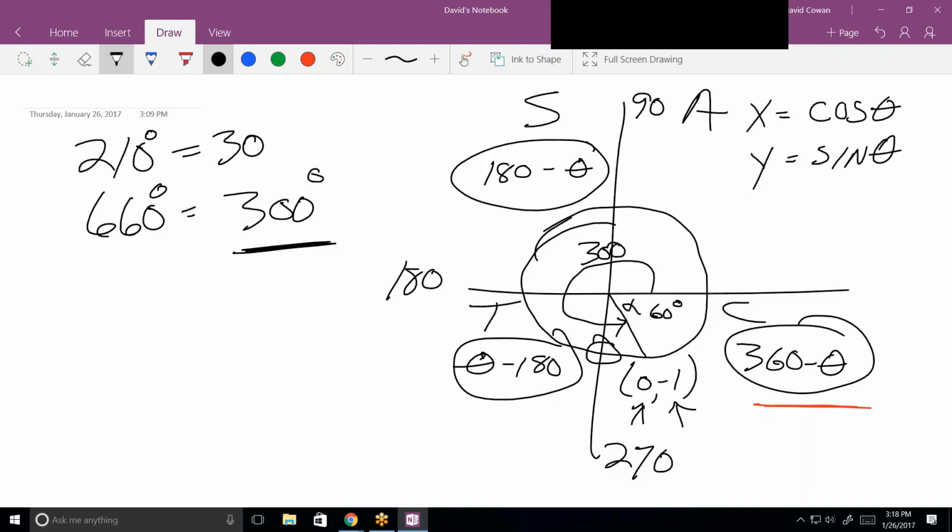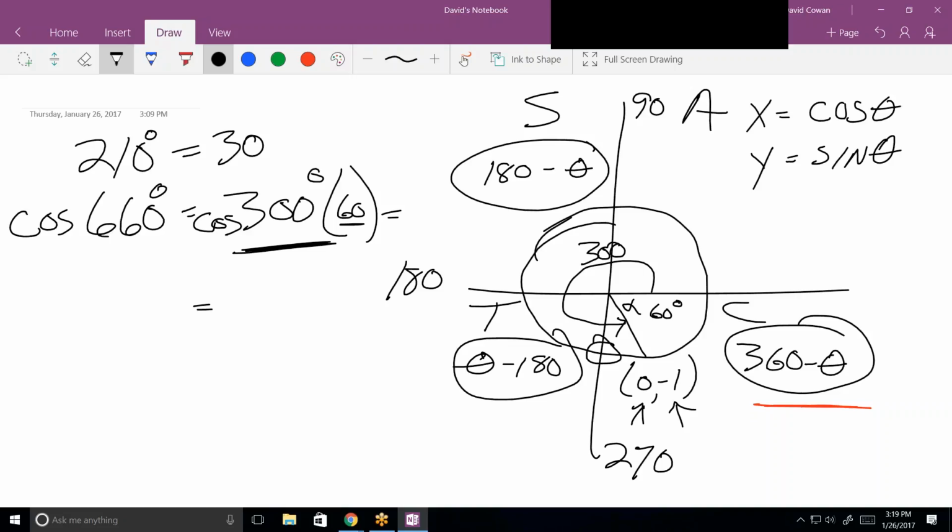If I said, what's the cosine of 660 degrees? That's the same as the cosine of 300, which is kind of the same as the cosine of 60. That's the reference angle.